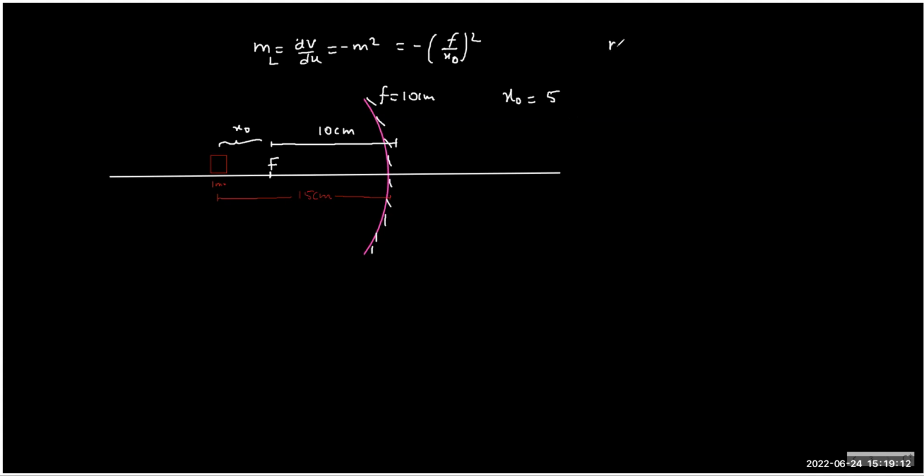What is the longitudinal magnification? Minus 10 by 5, the sign doesn't matter. Minus 4, which means the entire body will stretch by 4 times. So if it is 1 mm, it will become 4 mm now below.